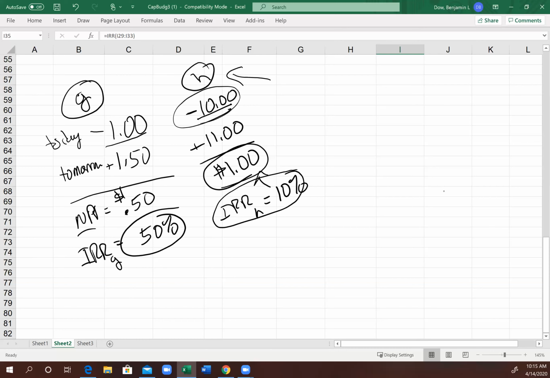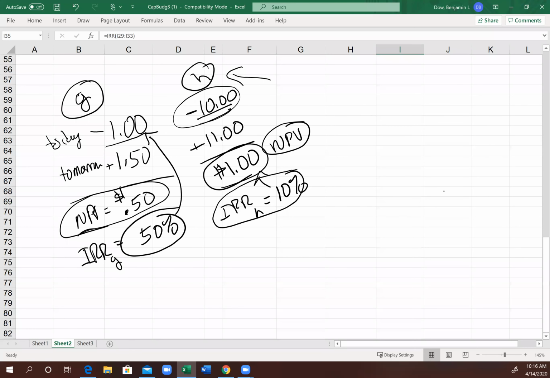The fact that project H has a much larger initial investment, and earning 10% off of $10 is a higher net present value than earning 50% off of $1. But IRR does provide some insight.